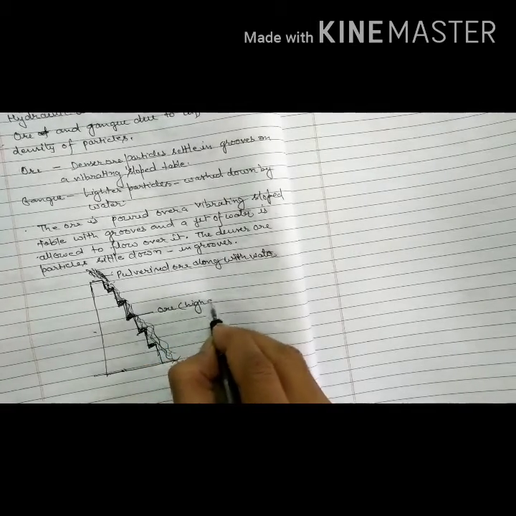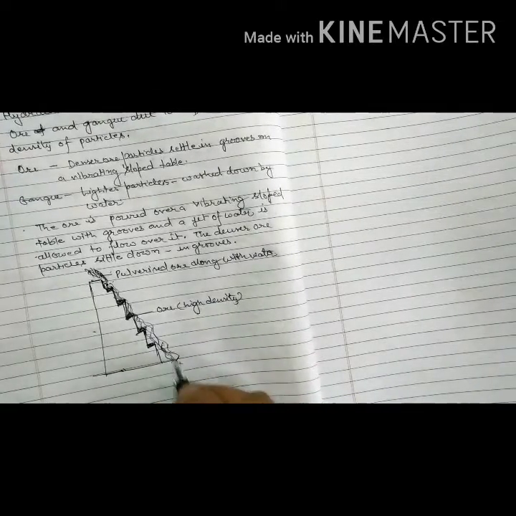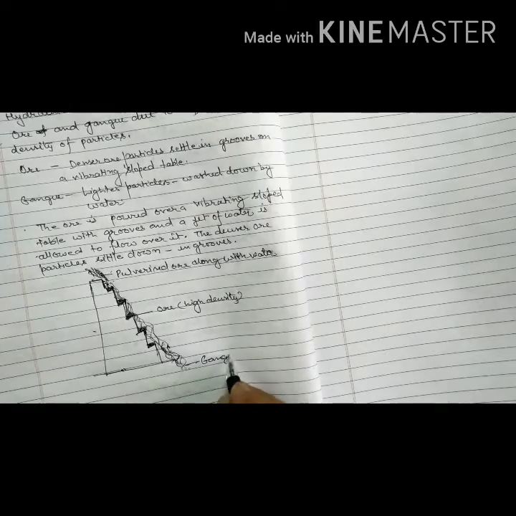Or with high density. And this is the gangue separated out with water.